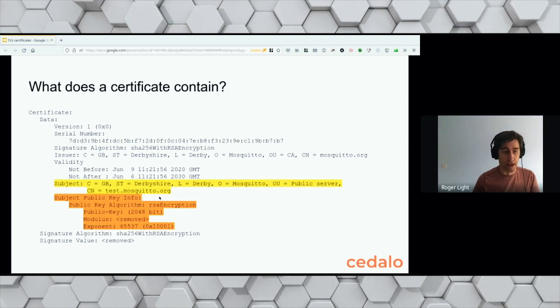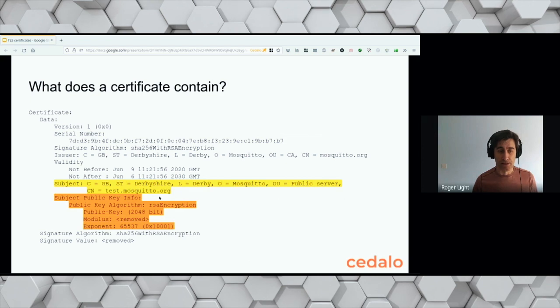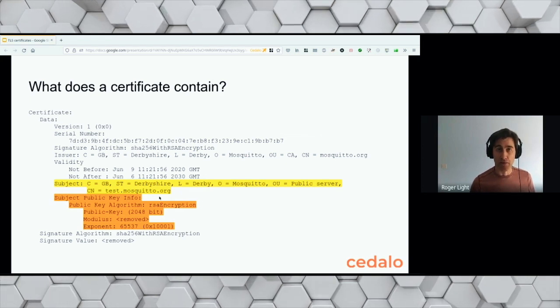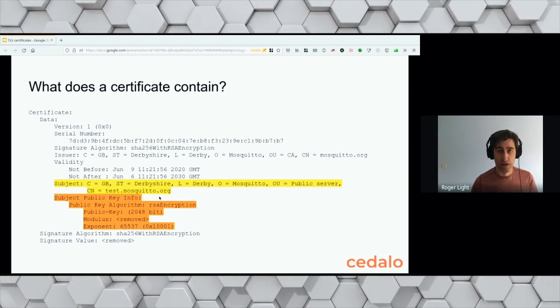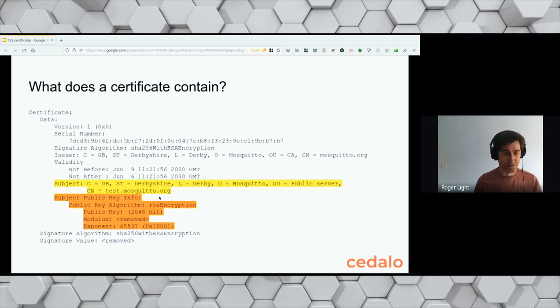The important one there is CN, which stands for common name, and this is almost always the host name of the server that's involved. And that's something that you then use in verification, which we'll talk about in a little bit.